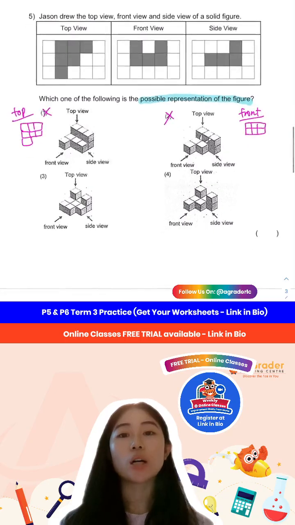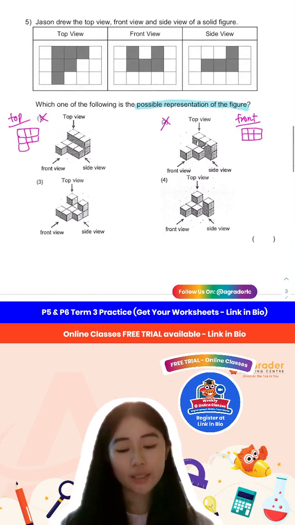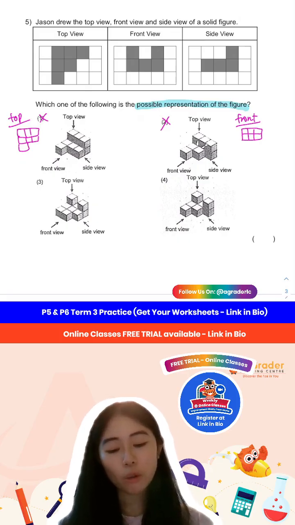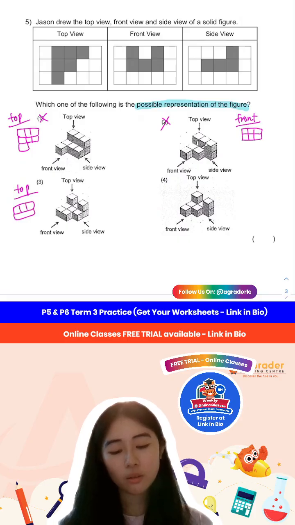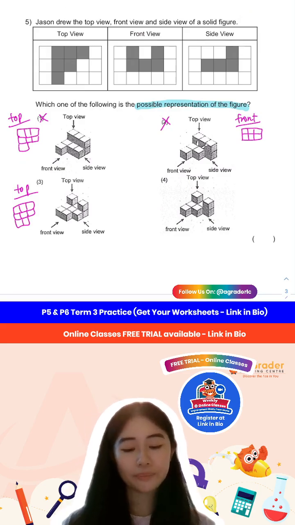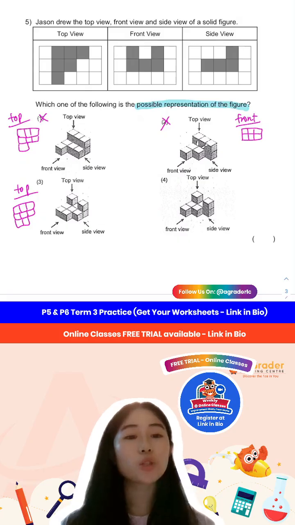Okay, so we continue with option 3. What's wrong with option 3? Option 3 also, the top view is wrong. For option 3, the top view is like this, right? So option 3 is also wrong.